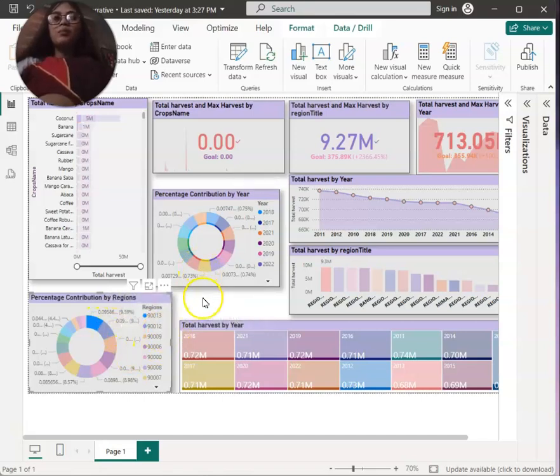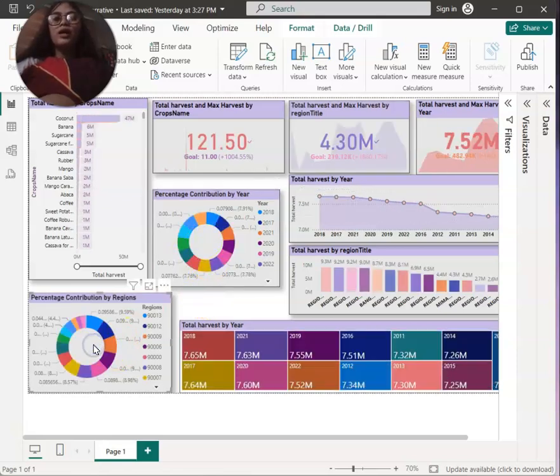So by this visualization, we can identify what year has the highest percentage contribution and what regions have the highest percentage contribution.